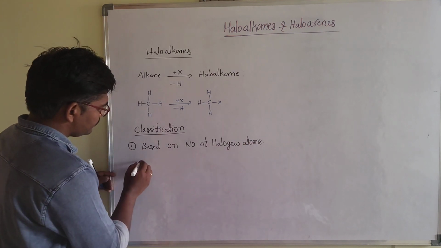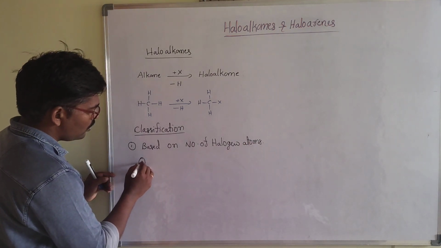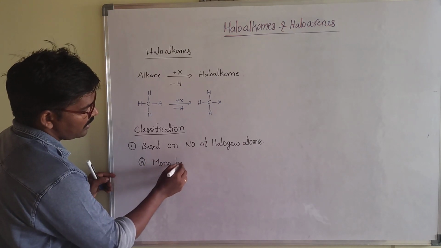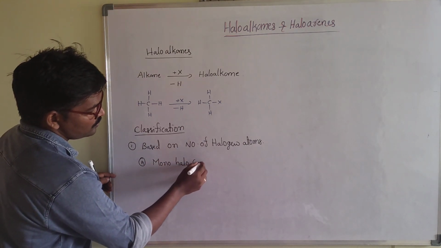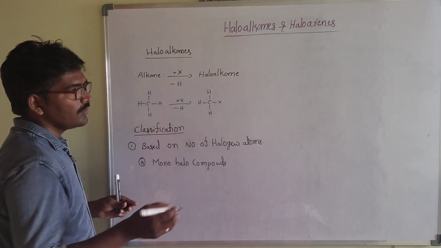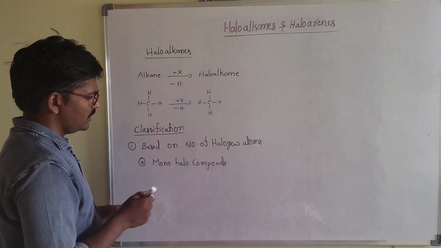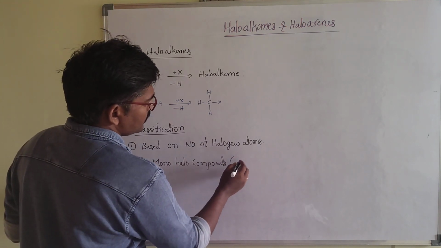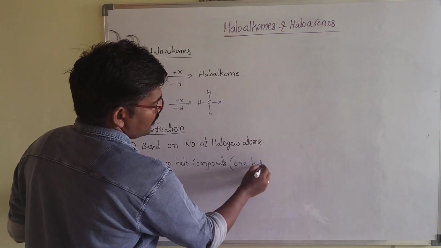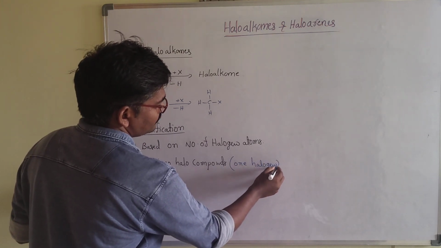In that, the first one is monohalo compounds. Remember, monohalo compounds contain only one halogen atom.